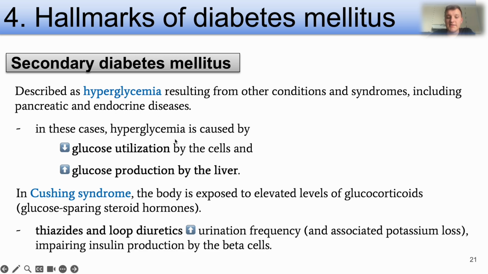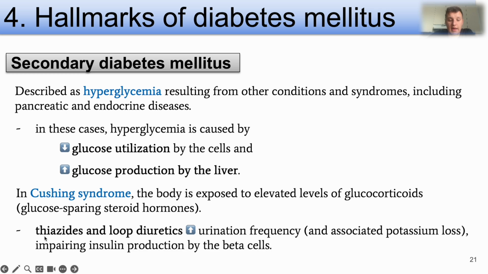In these cases, hyperglycemia is caused by a decrease in glucose utilization by the cells and an increased glucose production by the liver. For example, in Cushing's syndrome, an endocrine system syndrome, the body is exposed to elevated levels of glucocorticoids, which are glucose-sparing steroid hormones. They want to keep the glucose.